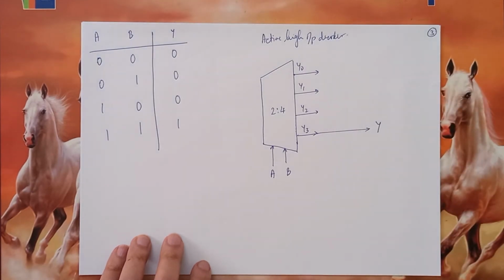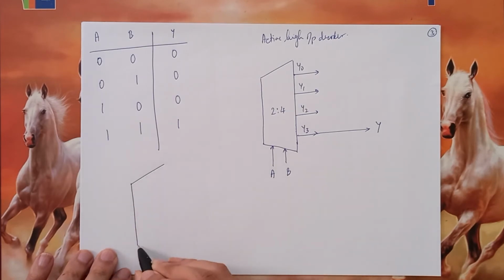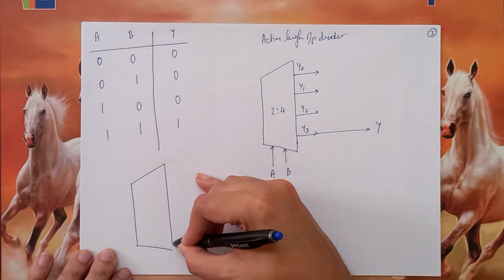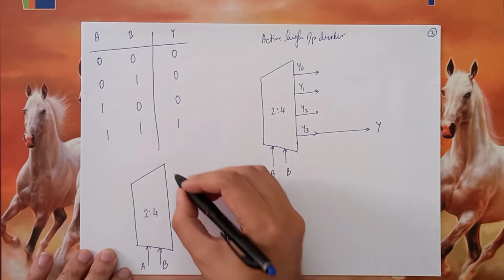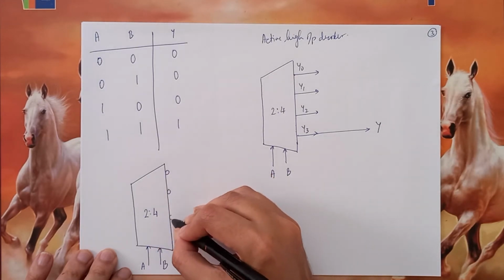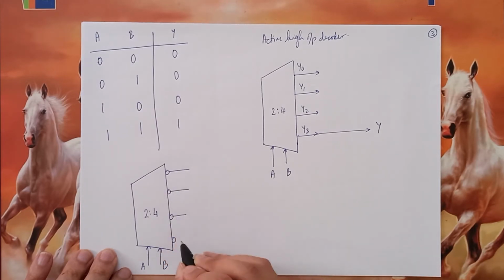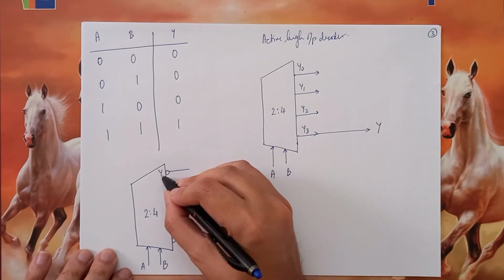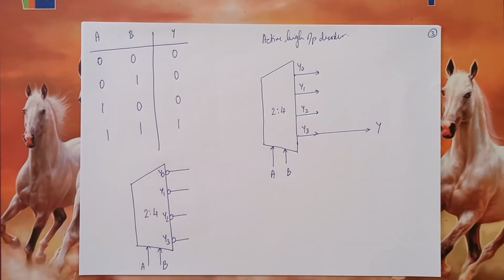Now, how do you do the same thing using an active low output decoder? Same logic function. So let's call this Y0, Y1, Y2 and Y3. Now things become interesting.